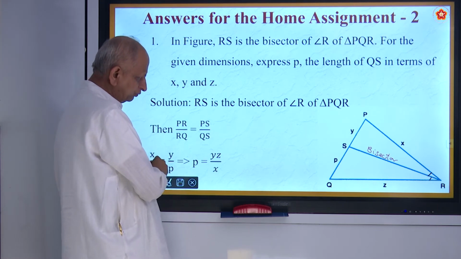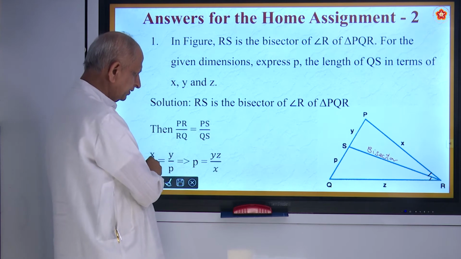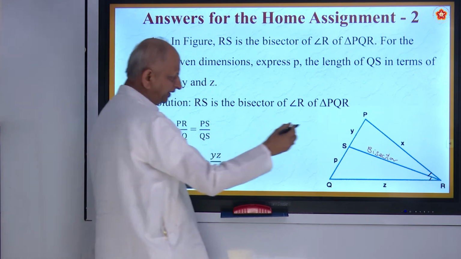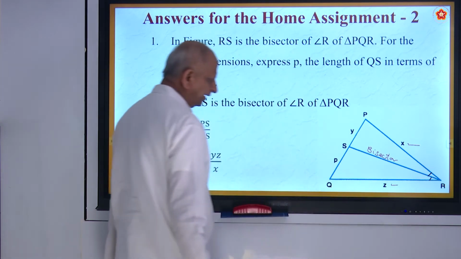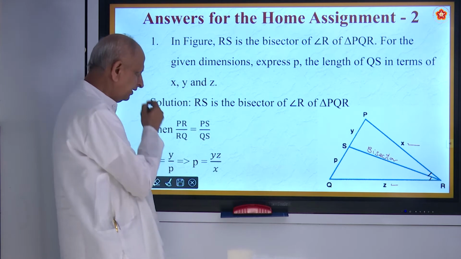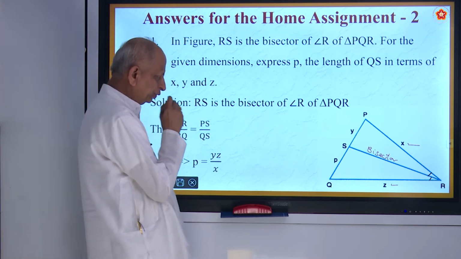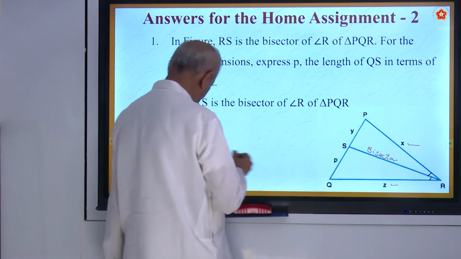What is PR by RQ? PR by RQ is X by Z. See, PR is X, PS is Y, RQ is Z. So X by Z is equal to the two segments, PS by QS, that is Y by P.